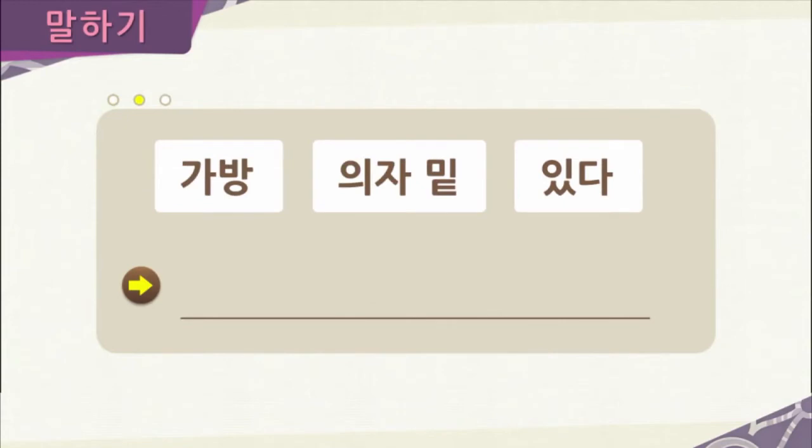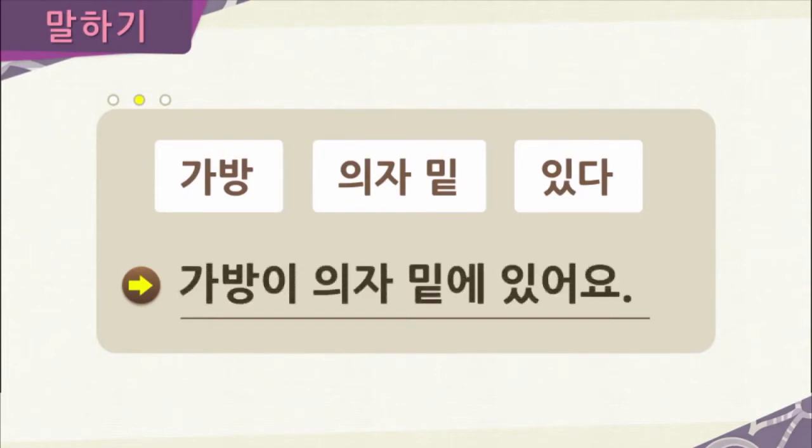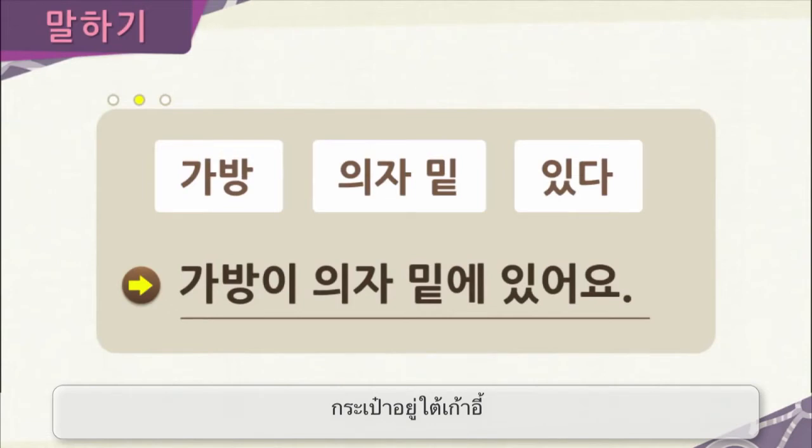Now, let's take a look at this word set here. We have the words 가방, 의자 밑, and 있다. Now, how would we take these three sets of words and make a sentence? Correct. We would say 가방이 의자 밑에 있어요.